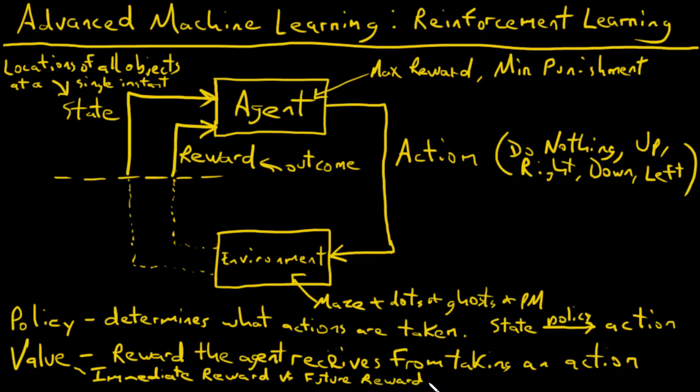So this future reward is where the policies start to get complicated, because you need to have some sort of method of evaluating whether or not a given action would generate a future reward, which is where it gets complicated because the future is not set yet. So what we're going to be doing is a very simple future reward by looking at the one move ahead only, not 2, 3, or 4, just a single move ahead.